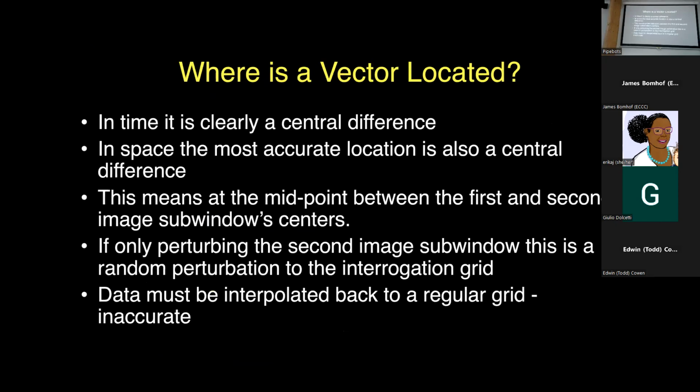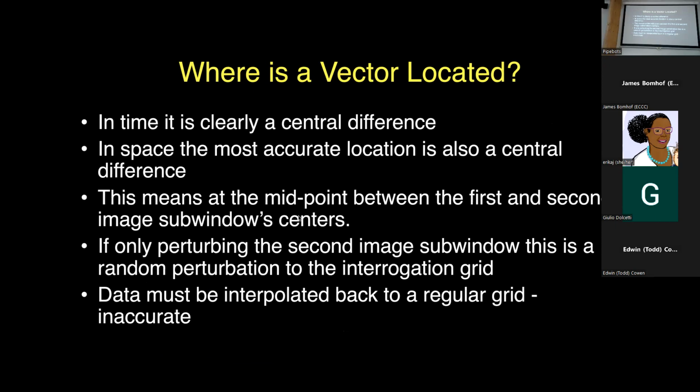So a question that emerges in all this is, where is a vector located? So in time, we're basically doing a central difference, right? We have an image at time 2 and an image at time 1. We look at the correlation between the two, and we would argue that the time of the measurement sits squarely at the center of those two times, so say, T1 plus delta T on 2. In space, a central difference would again be the most accurate.